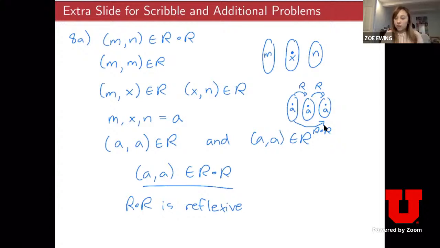So does that all make sense? Do you feel like you can tackle B and C? Yeah. Okay. And remember, if you're having any other issues, you can always come to office hours for any other clarifications once you've tried B and C.